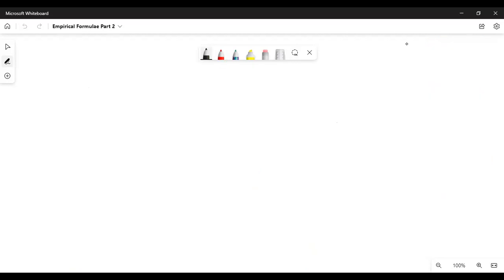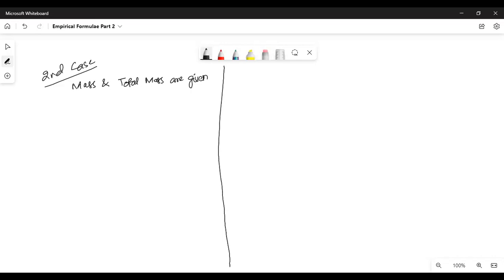Moving on with the second case. In the second case, what happens is that mass and usually total mass are given. For example, I'm going to bifurcate the whole thing.